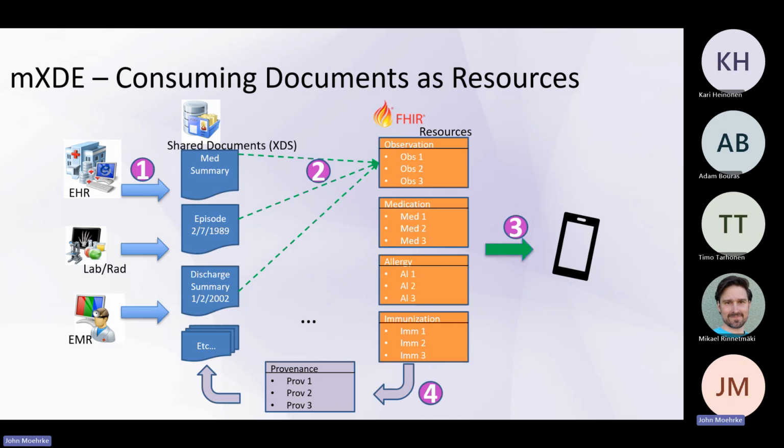And in this way, if I'm consuming data and I see something unusual and I want to see, hey, what's the context of this unusual medication, I can ask for the provenance of that med. I can then retrieve the document and I can look at the context that's in the document to realize that actually this medication was given only in an inpatient setting 5 years ago because of some surgery.